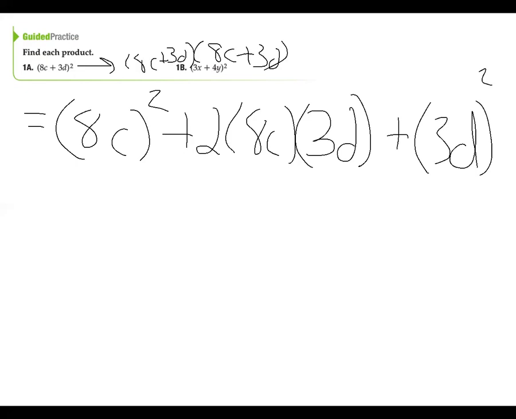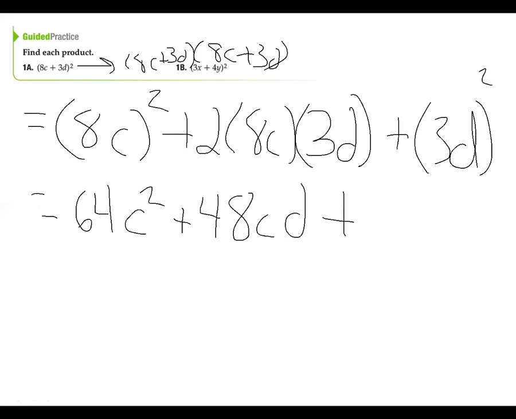This is just kind of showing you a shortcut to FOILing. All right, and then if I simplify that, 8c quantity squared, you would square the 8, square the c, and you would get 64c squared. 8 times 3 is 24, times 2 is 48cd, plus 9d squared.